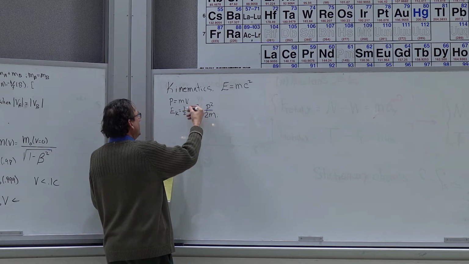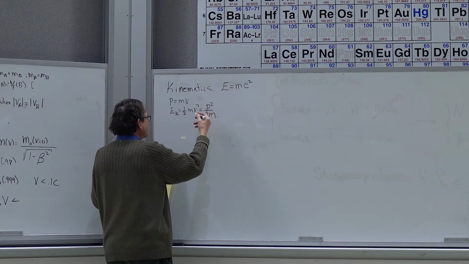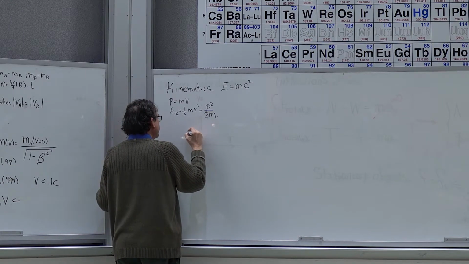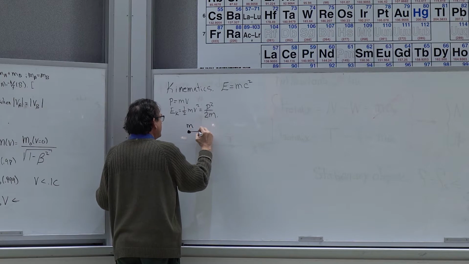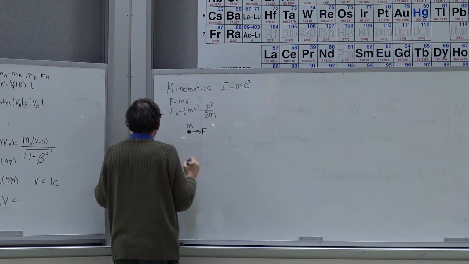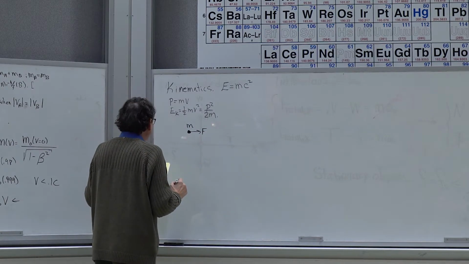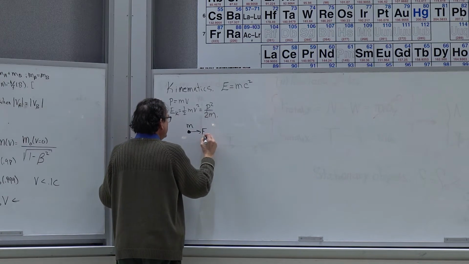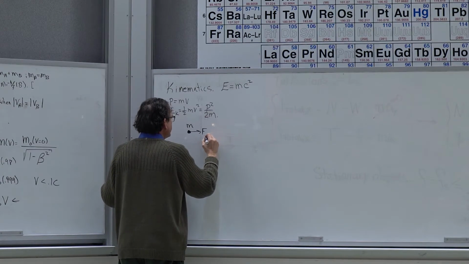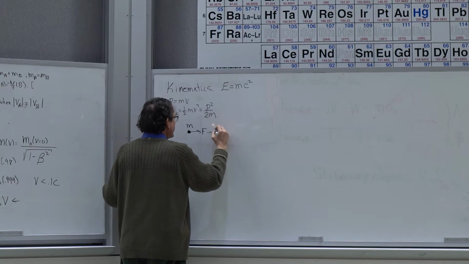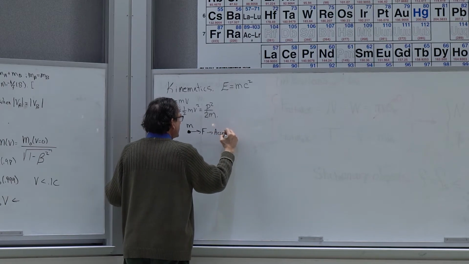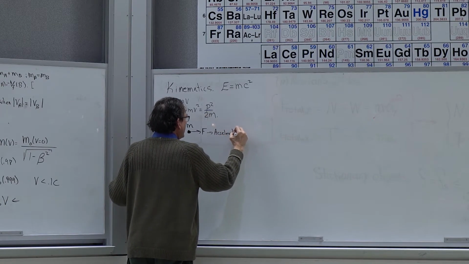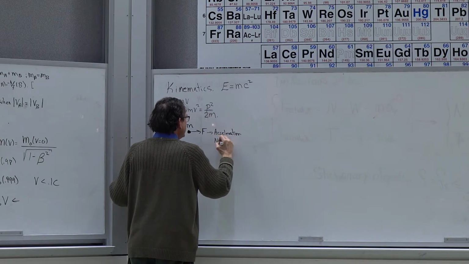The way we derived these equations in 253 was to say what happens if I have a particle of mass m and I apply a force F on it, then it will accelerate. So I apply a force F. This leads to acceleration, and acceleration leads to new velocity.